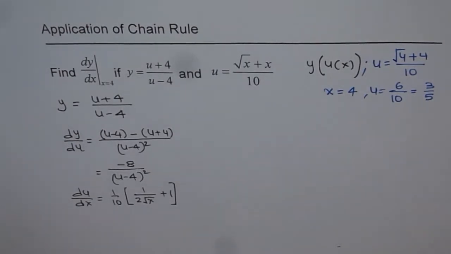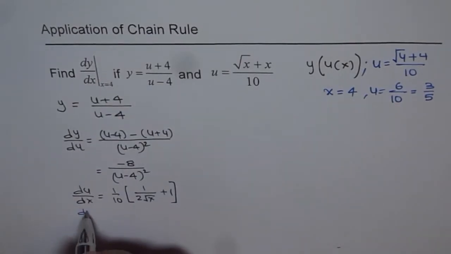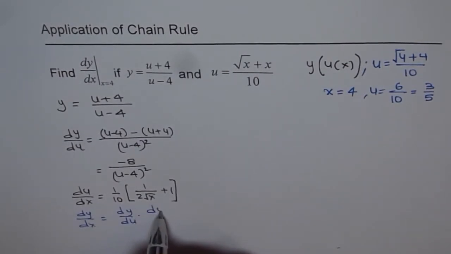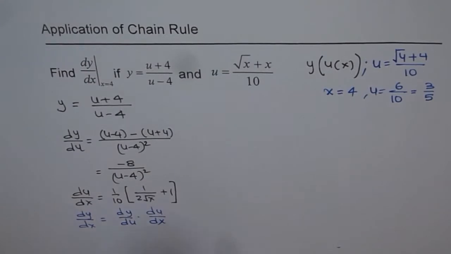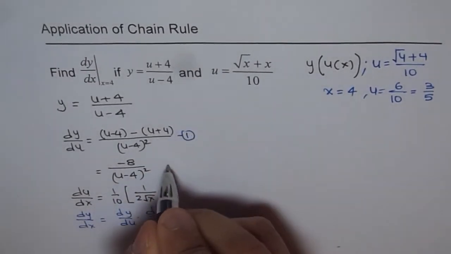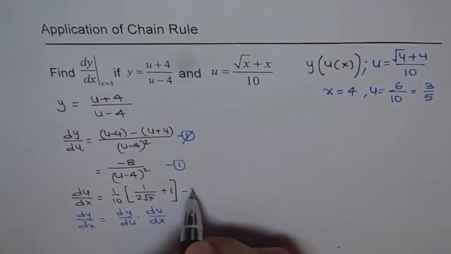Now, if you want to find dy by dx, then dy by dx will be equal to dy by du times du by dx, correct? So we already have dy du, which is simplified here, and this is du dx.